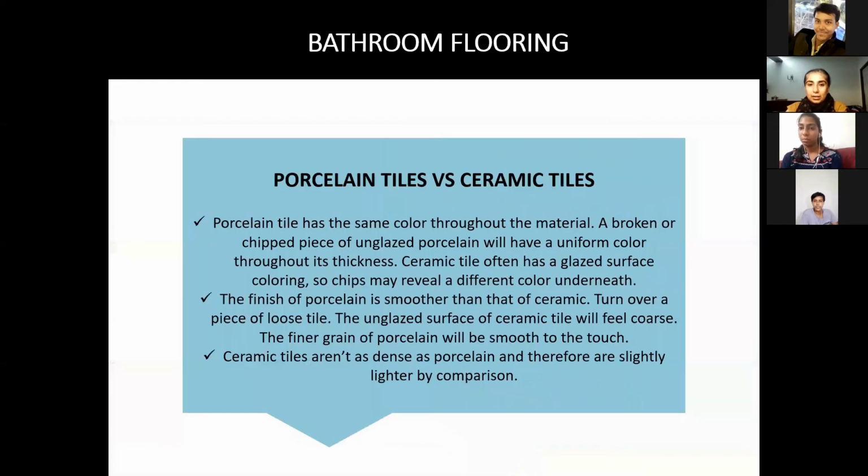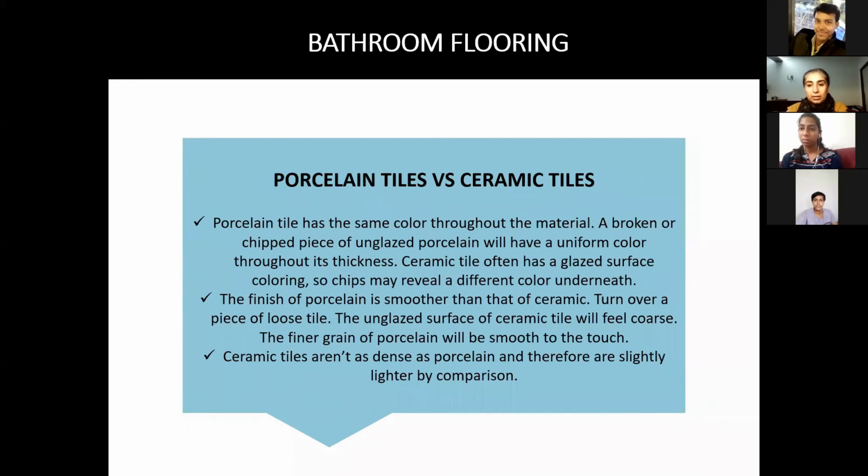Just to give you a little bit of difference between the porcelain tiles and the ceramic tiles, porcelain tile has the same color throughout the material. A broken or chipped piece of unglazed porcelain will have a uniform color throughout its thickness. Ceramic tiles often have a glazed surface coloring, so chips may reveal a different color underneath, and that's one of the ways in which it can be checked. The finish of the porcelain is smoother than that of ceramic.